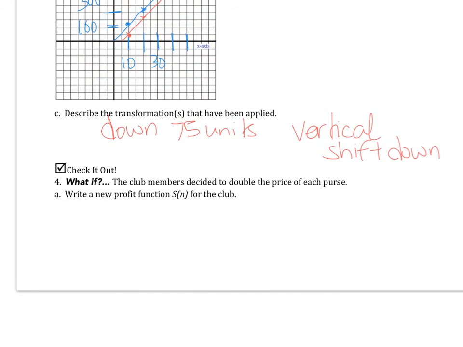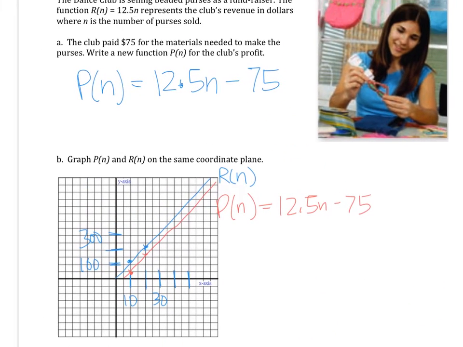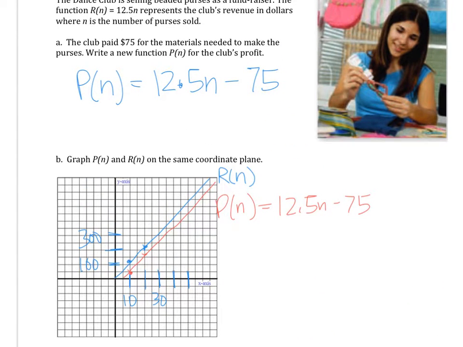Okay, so let's do this, check it out. It says, what if the club members decide to double the price of each purse? Write a new profit function, S of n, for the club. So doubling it, we're doubling the original, just the f of x part. We're not doubling the whole thing.